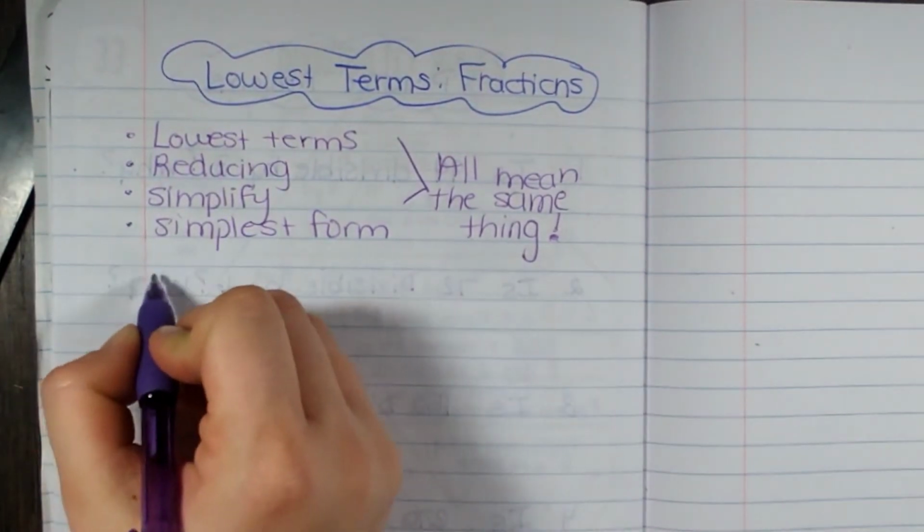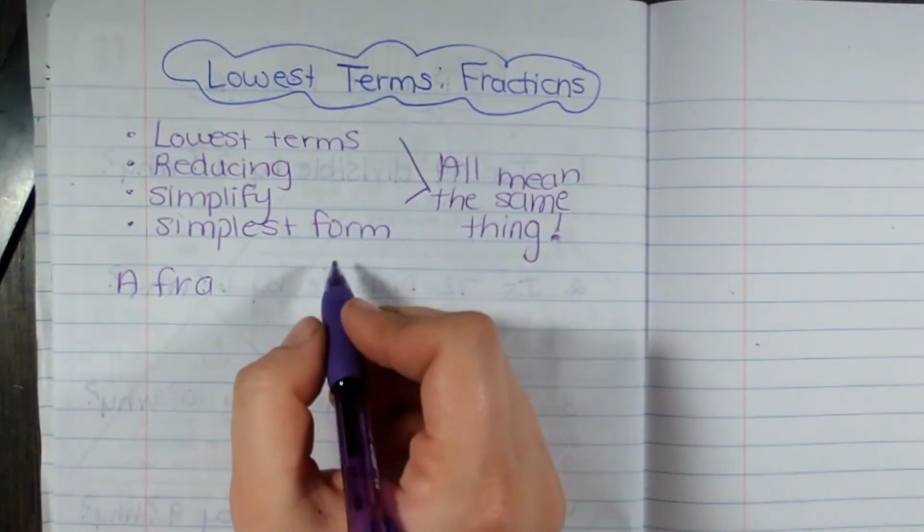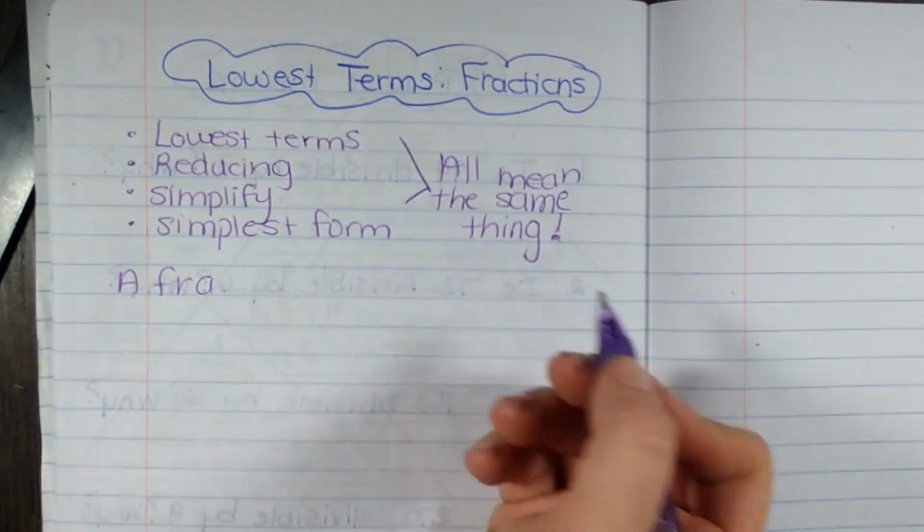Okay, a fraction is in lowest terms when there are no whole numbers other than one in itself that can go into both the numerator and denominator.